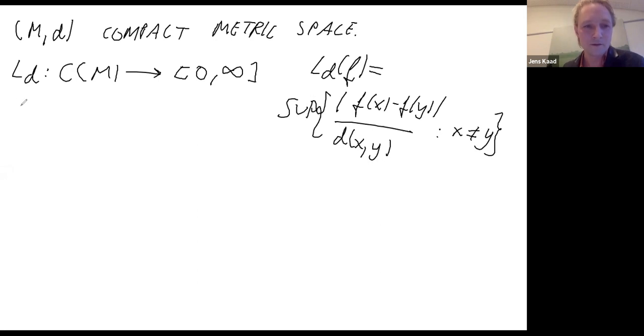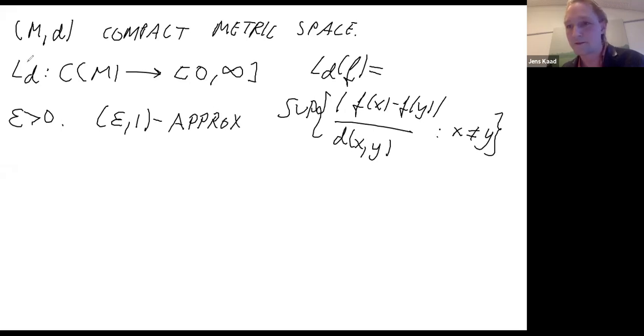Now I'm going to consider some epsilon strictly greater than 0. And then we define an epsilon comma 1 approximation of the continuous functions on M equipped with this Lipschitz seminorm. How do you define it?